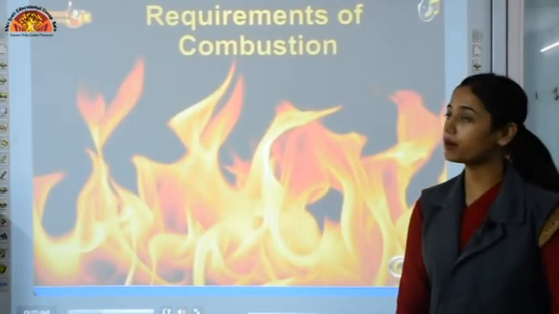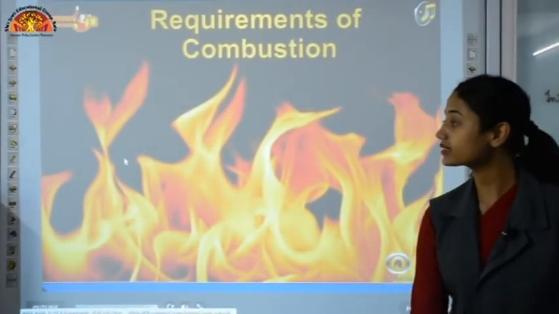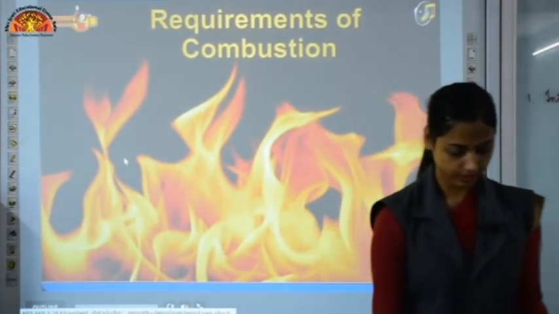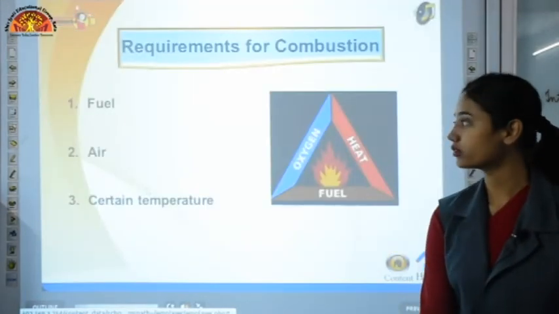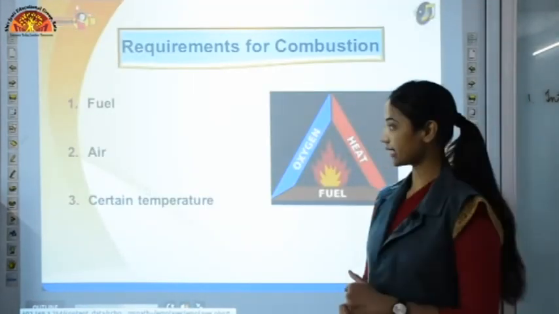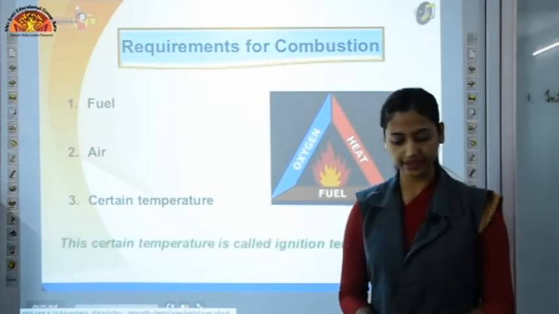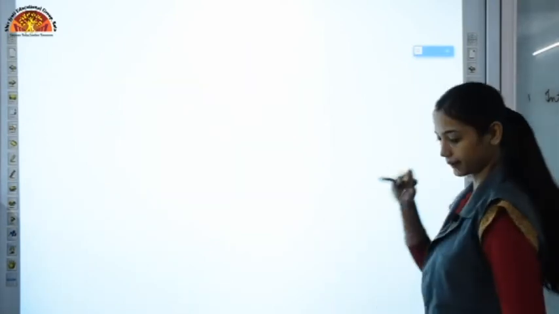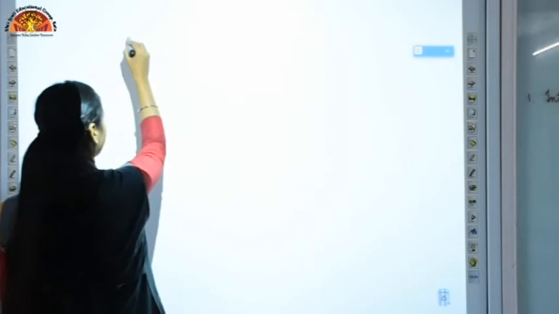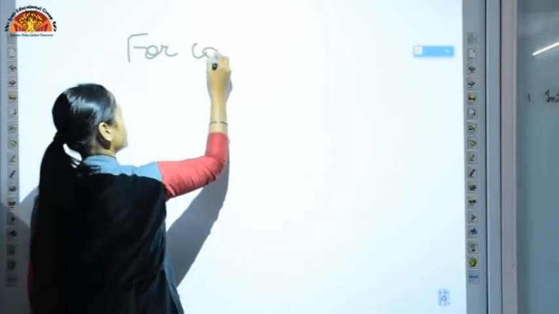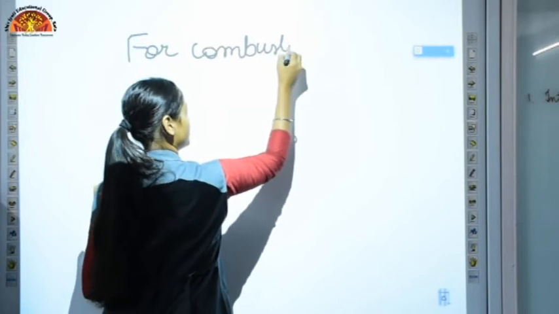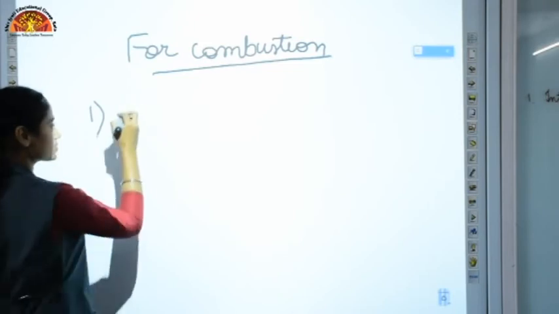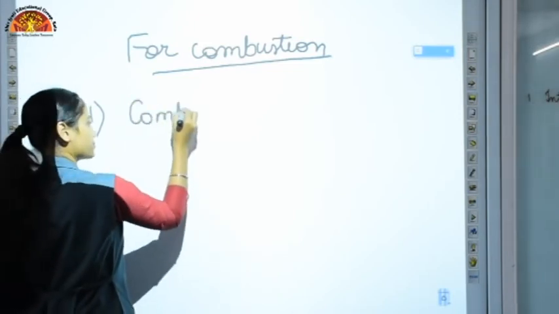Now next is requirement of combustion. What are the conditions which are required for any substance to burn? Those are, first is fuel, second air, and third is a certain temperature. Now for combustion, first requirement is fuel or any combustible substance.